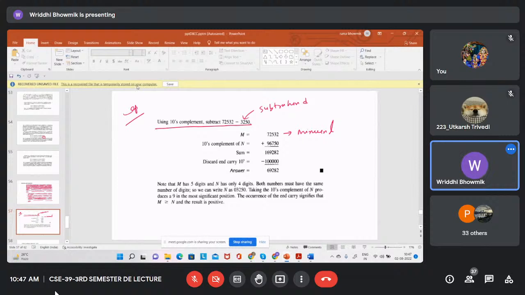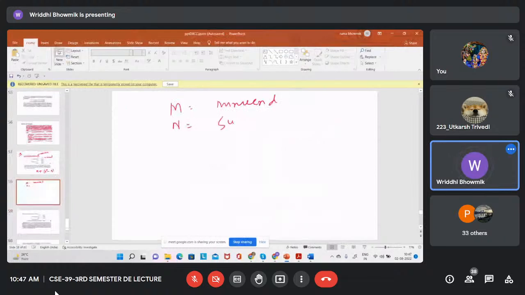The formula is M plus the complement of capital N. Capital M means minuend and small n is the subtrahend. So what we are doing, we are subtracting N from M.